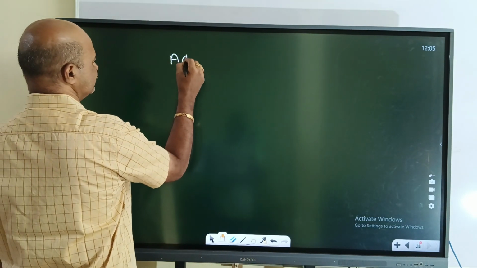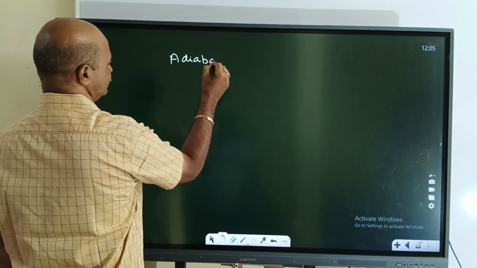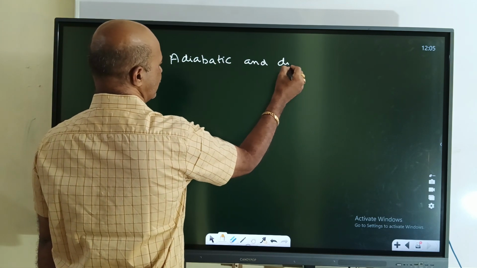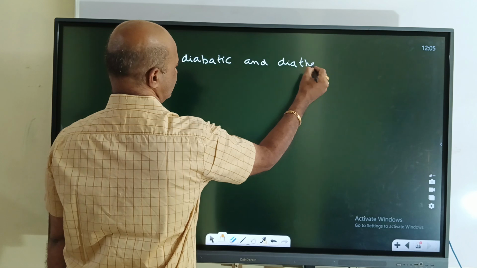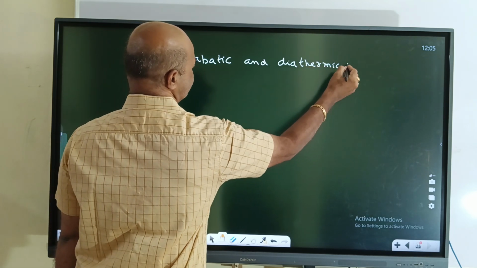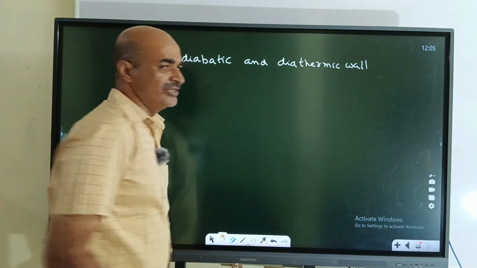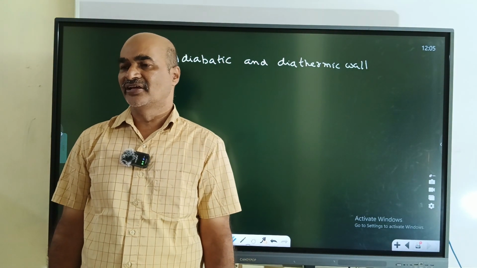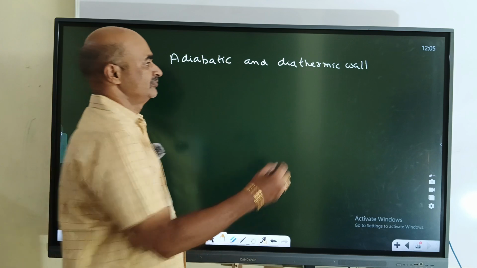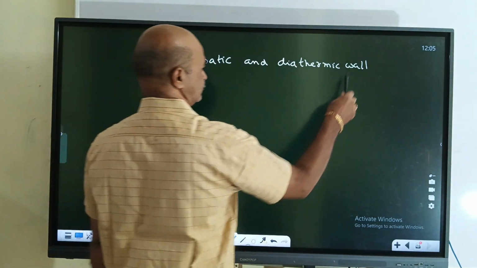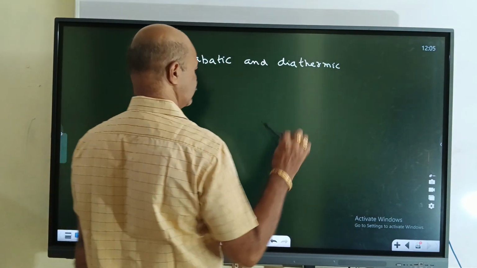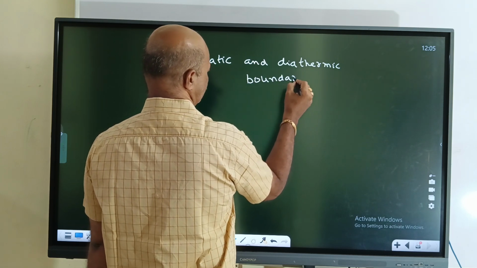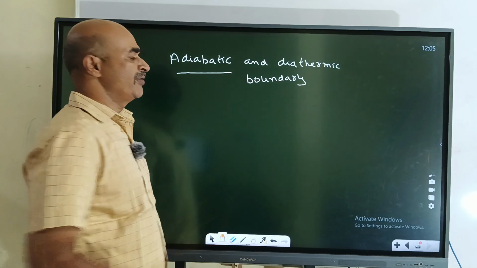Adiabatic and diathermic wall. Okay. What is an adiabatic wall, or adiabatic and diathermic boundary? What is an adiabatic boundary?